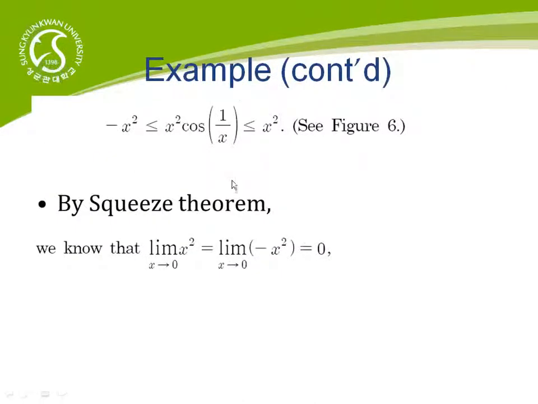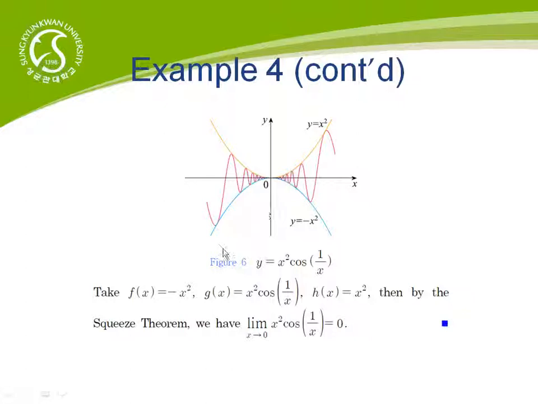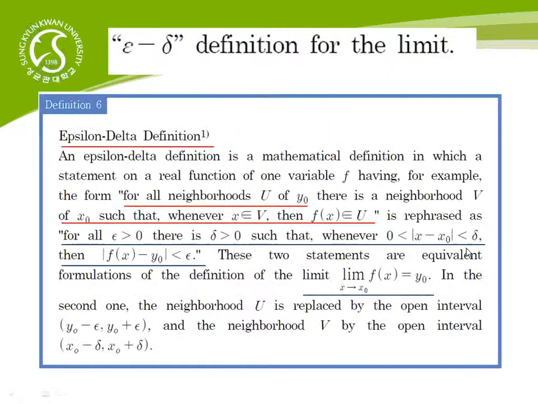So if we approach it, then x square goes to 0 and minus x square goes to 0 as x approaches 0. So the middle function also converges to 0 by the squeeze theorem. That's what we can say. So this is a very useful fact that we can use when we talk about the limit.